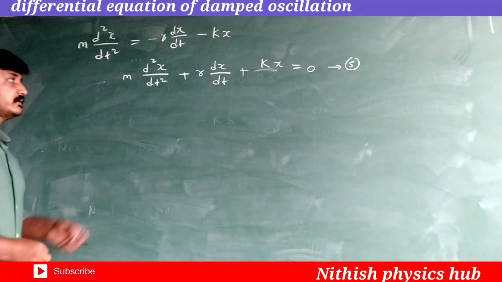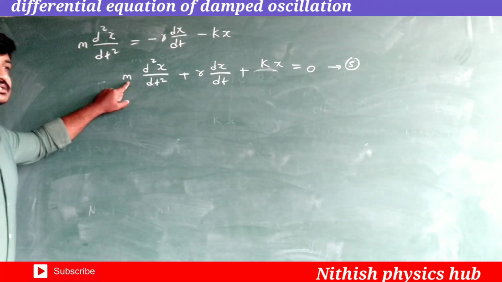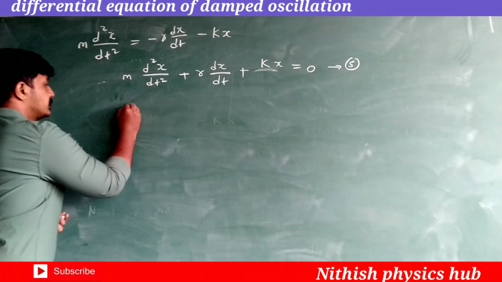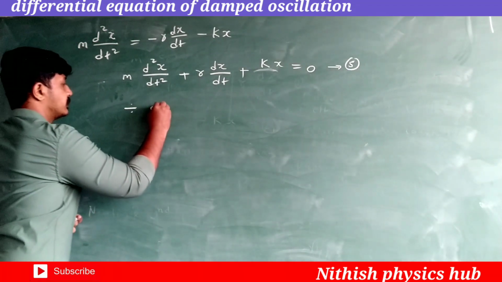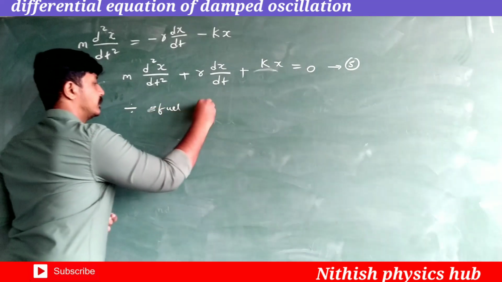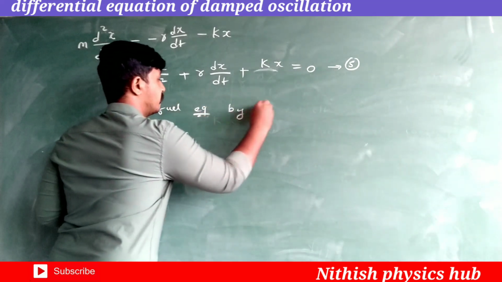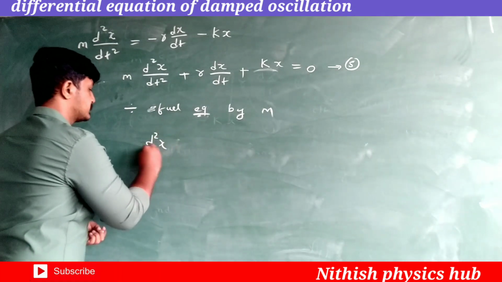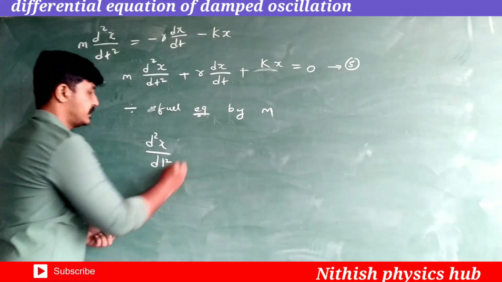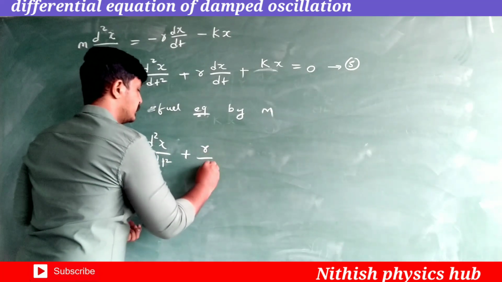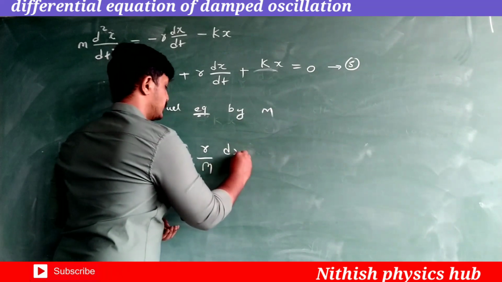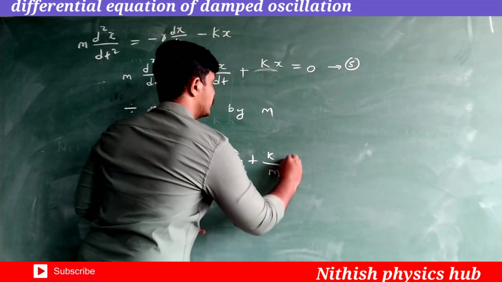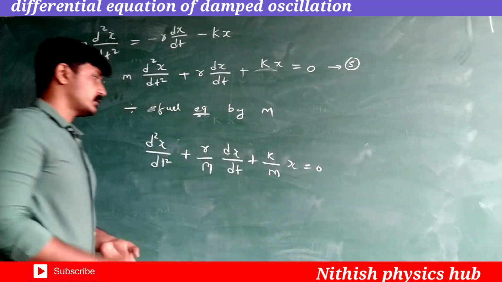Now, in the first order derivative, we have some constant. I need to remove this constant. By dividing the full equation by m, I will get d square x by dt square plus r by m dx by dt plus k by m x is equal to 0.